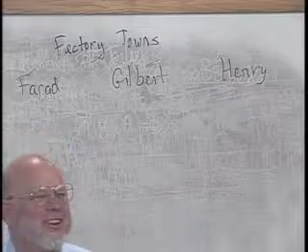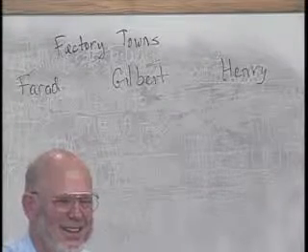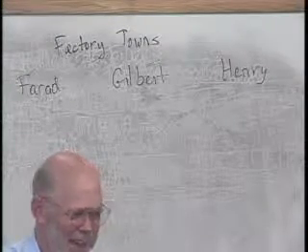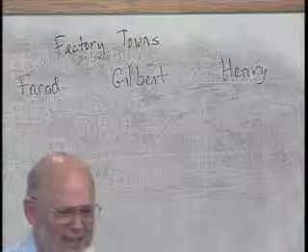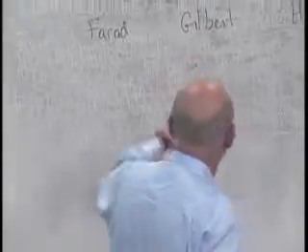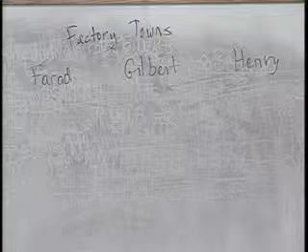What do all these have in common, anyone? They're all scientists, physicists who worked on electromagnetism. In fact, Farad is actually Faraday, the unit of capacitance, and Henry is also an electrical unit. I'm not sure that there's a unit called the Gilbert, but Gilbert was another pioneer in this subject.